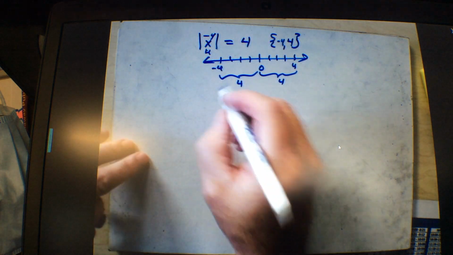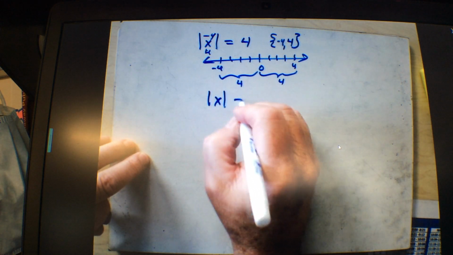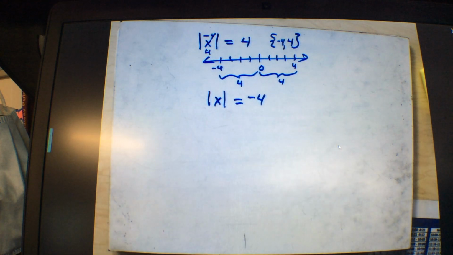Now, what if I said, well, the absolute value of x equals a negative 4? Wouldn't it be 0?